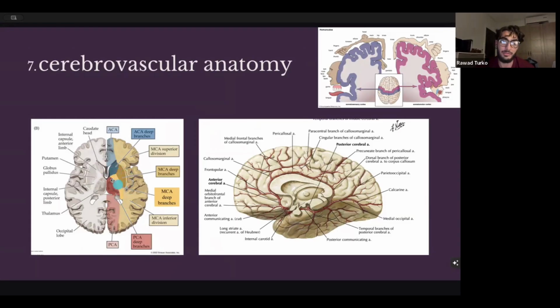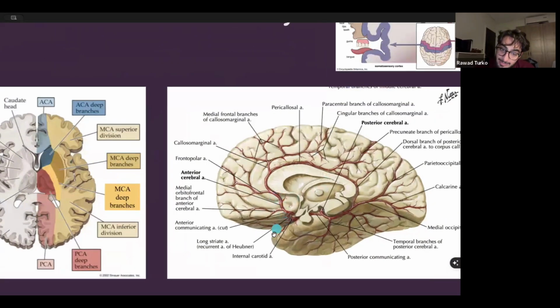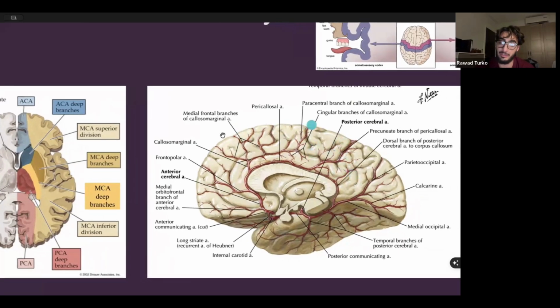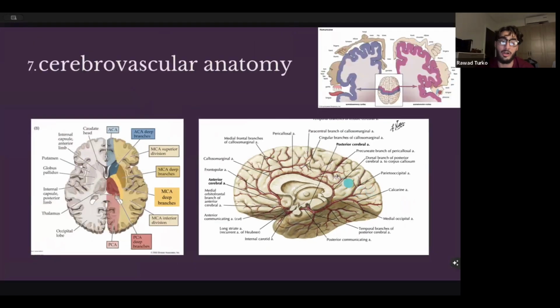Okay, so you'll see here, this is the distribution. And again, this is the ACA here. This is the recurrent artery of Heubner coming from the ACA, supplying parts of the internal capsule. And then the ACA is supplying most of the medial parts of the cortex. And then this is the posterior cerebral supplying the occipital lobe and parts also of the thalamus.